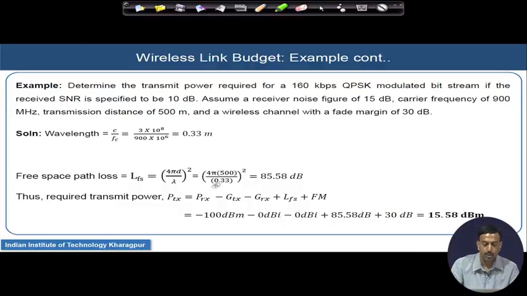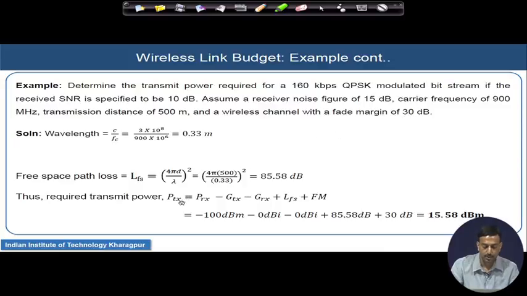So finally, we put together all the terms. We know that the receive power basically is the transmit power plus the antenna gains at the transmitter and the receiver, minus the free space path loss, minus the fade margin, which is basically the value accounting for signal fading in the wireless channel.